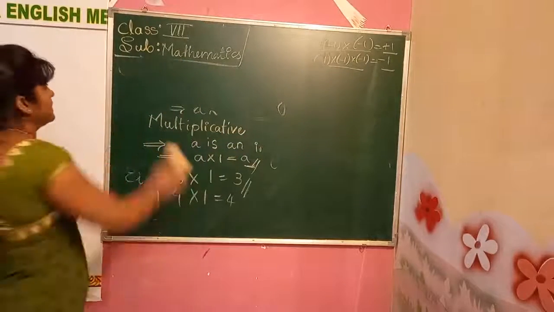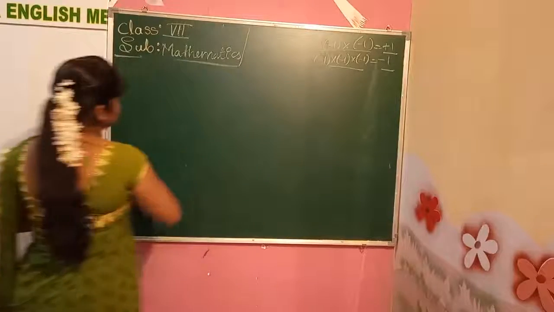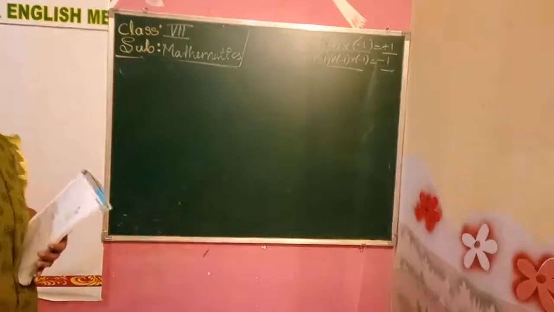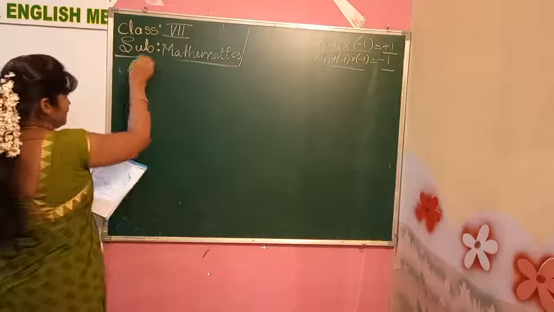Now we'll move on to the next property, that is associativity, the associative property. Associativity of multiplication.